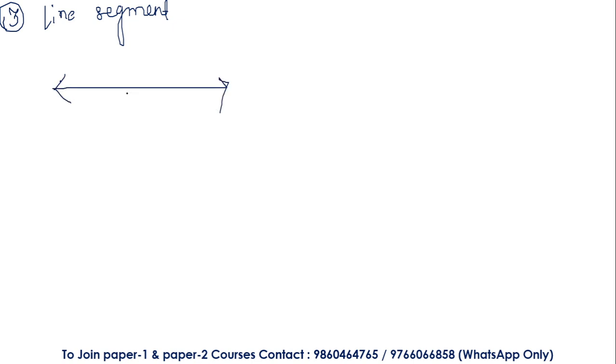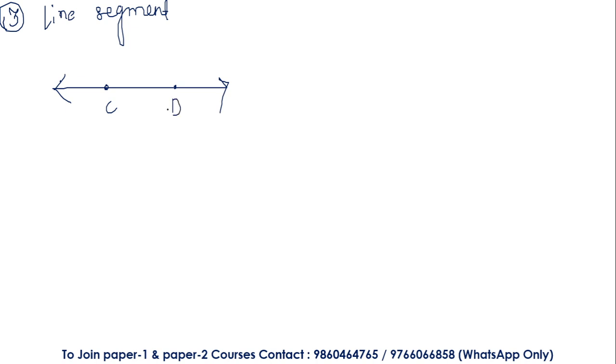Here the third thing that we are going to learn is line segment. So what is a line segment? Basically, in case of a line segment, there is again a line, okay, but here there is a segment as well which is fixed. For example, points C and D: CD is a segment.